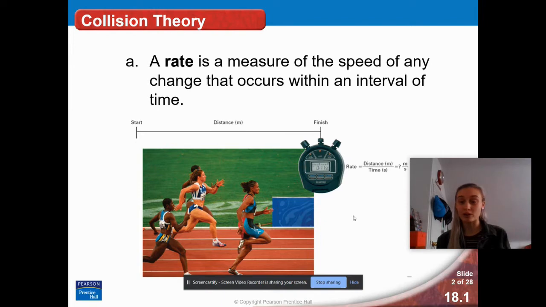You're going 20 miles for every hour. Meters per second is, say you're running and you do like 5 meters for every second. I feel like that's really fast, so that's not practical, but like a cheetah or something. But in chemistry, we use the millimole per second. We use how much reactant is being changed into a product per second.